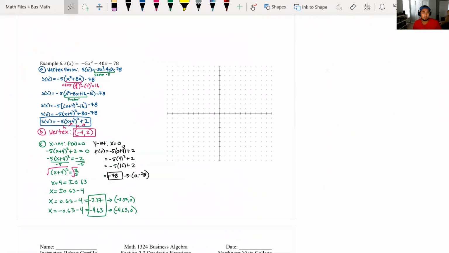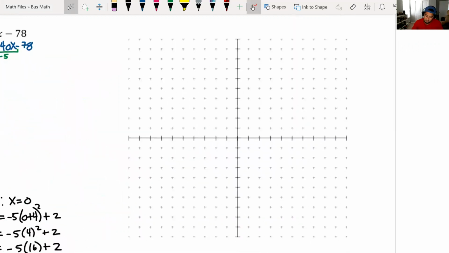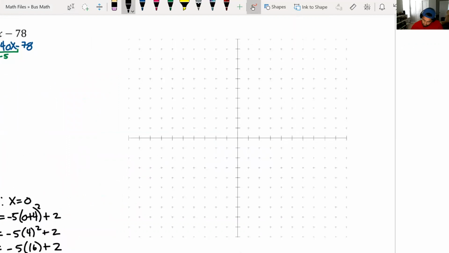And let's graph. We'll do max or min, range, all out after we graph it. So let's do that. So let's look at our vertex. It's at negative 4, 2. Negative 4, 2. Okay. So negative 4, 2. So 1, 2, 3, 4. There's my vertex.